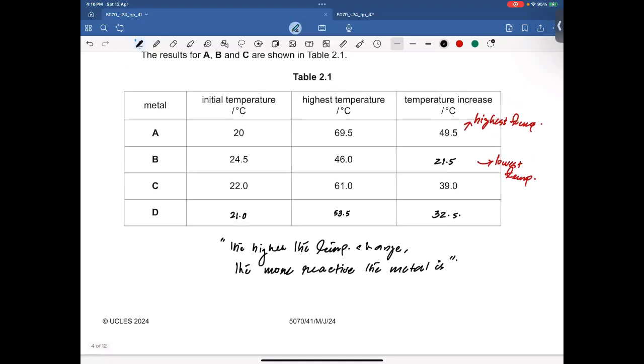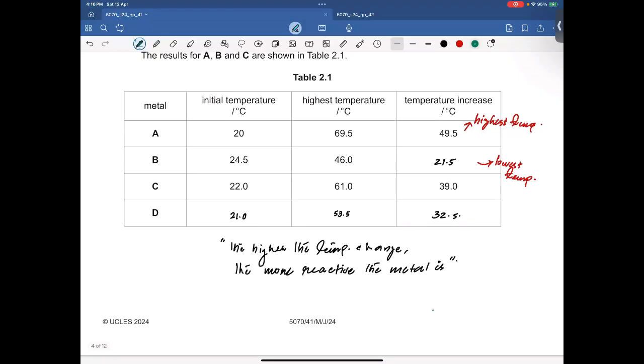Okay, that means A's reactivity is the highest, with the highest temperature change, that is 49.5 degrees Celsius. Less than that you have C, its temperature change is 39.0.